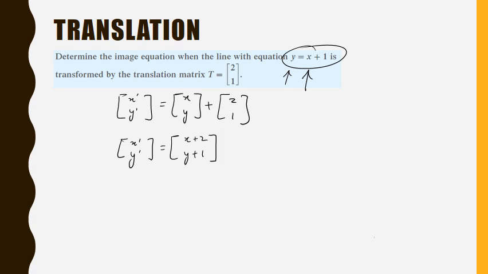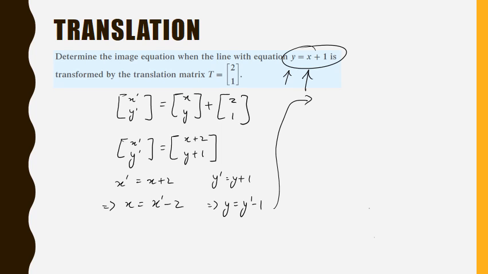So after we get to this point, we have x dash, the new one, equals x plus 2. That means in terms of the old one, which we're going to sub back in, you'll see why in a second, it's going to be equivalent to the new one minus 2. We'll do the same for the y one, so y dash equals y plus 1, so then y is equal to y dash minus 1.